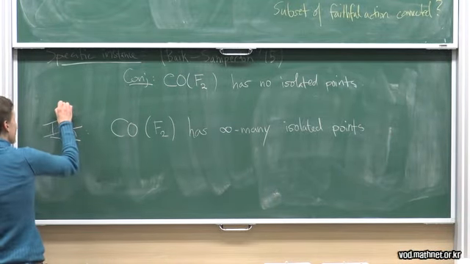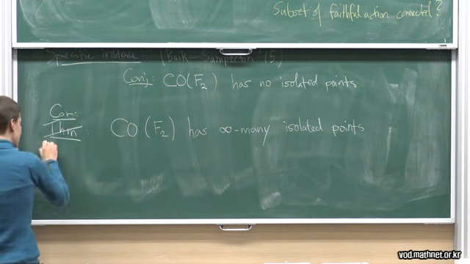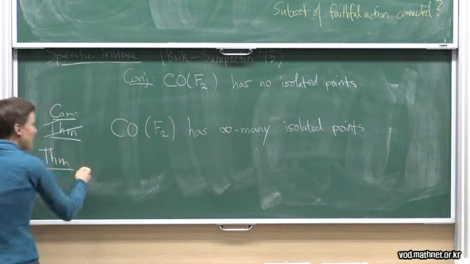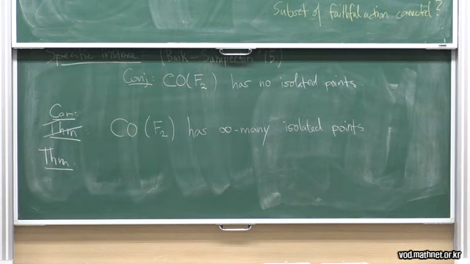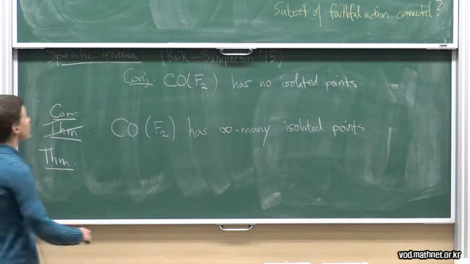So let's call this a corollary. And the theorem is, now we understand exactly what it means to have isolated points.